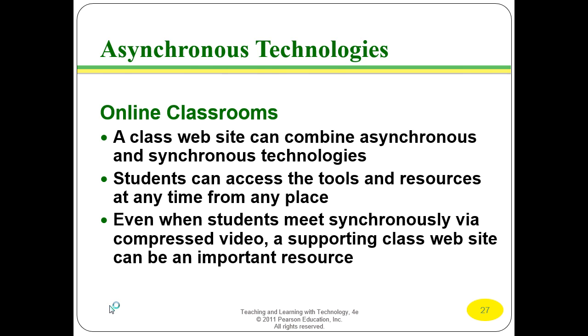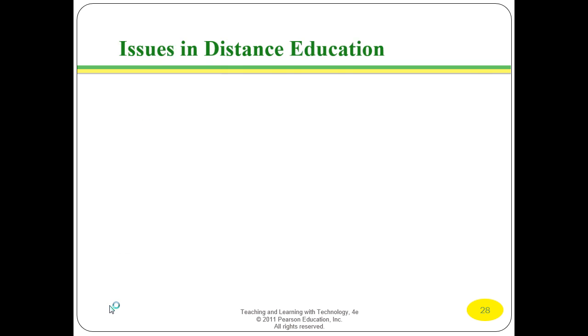So let's not discount the web page, or Jewel page, because we can put all kinds of content out there for students to have access to that would help support the compressed video portion of the lesson, to help them understand the concepts being talked about.